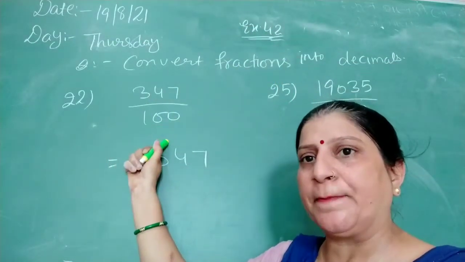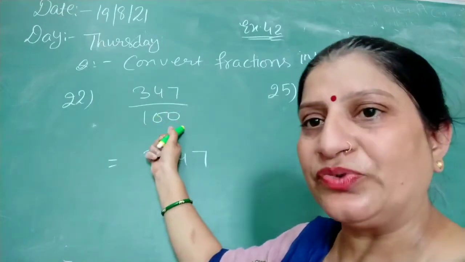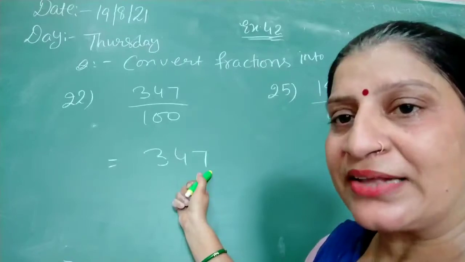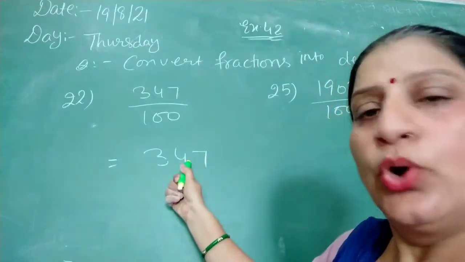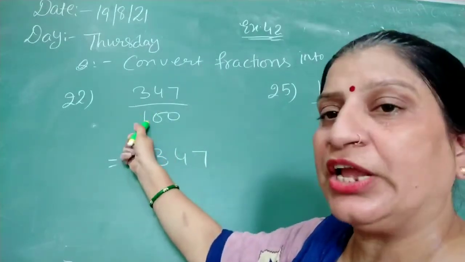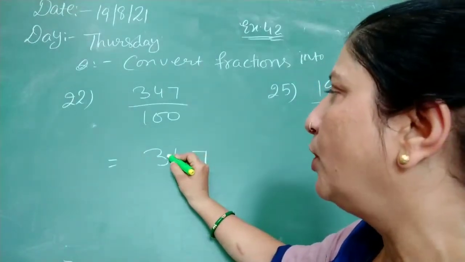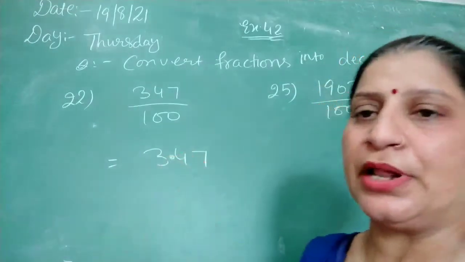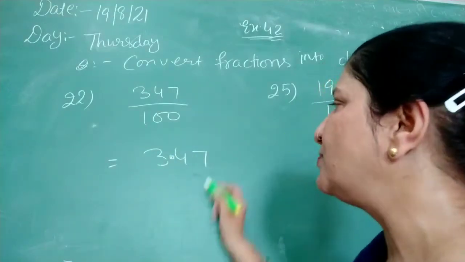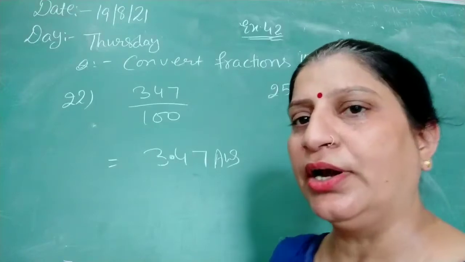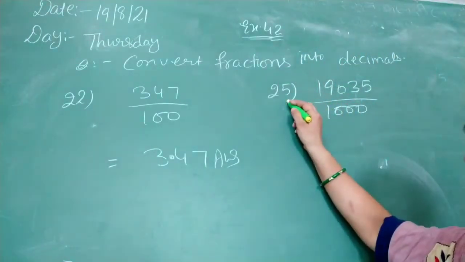In the denominator part we have two zeros. So we have to count the digits from the back side, 1 2, 2 zeros थी तो 2 digit यहाँ पर आ गई हैं 4 पर and after 4 we put here the decimal. So our answer becomes 3.47. Clear this one?